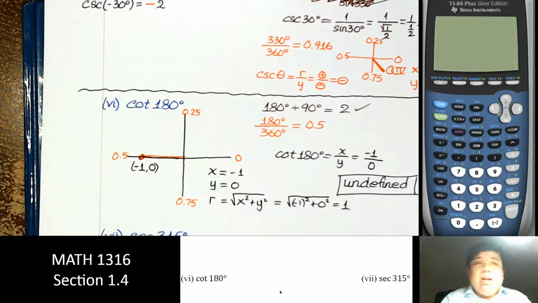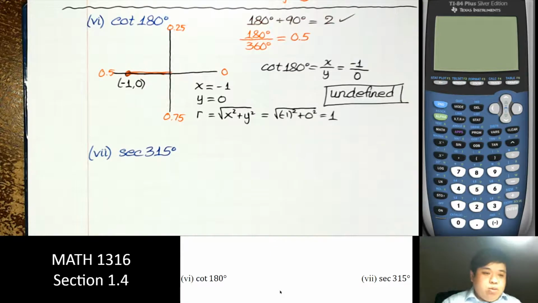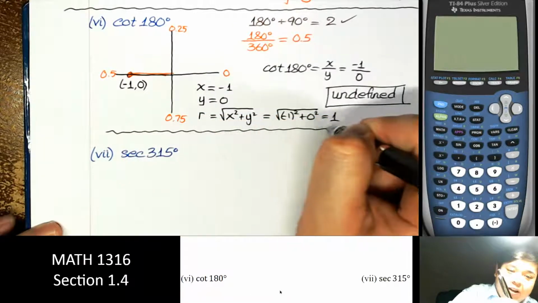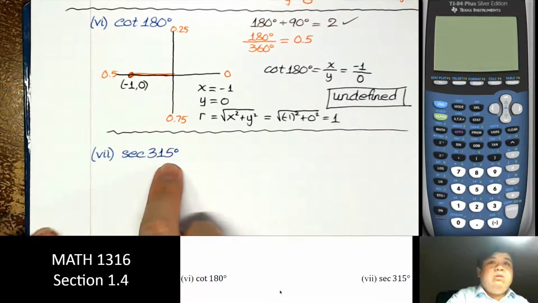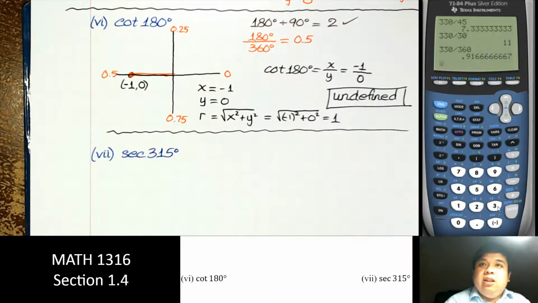Second of 315 degrees. Right, so it's positive, don't have to do anything. By the way, as mentioned before, if it ends with 5, like 315, more likely it is divisible by 45 degrees.